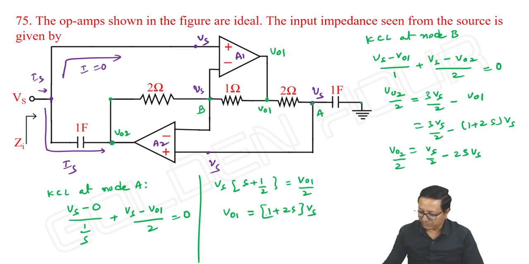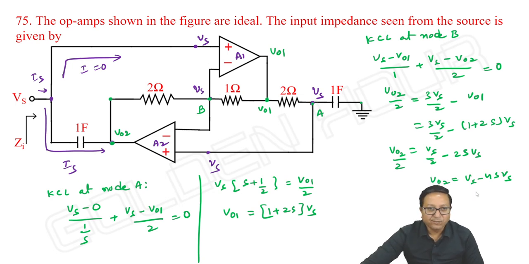So what is VO2 then? VO2 is equal to Vs minus 4s into Vs. We can write VO2 like this.